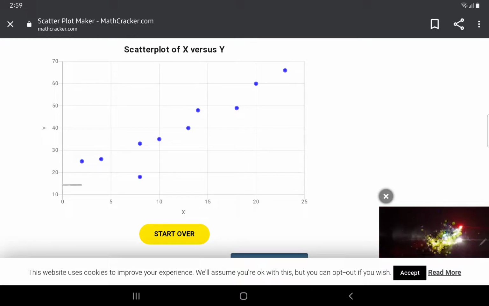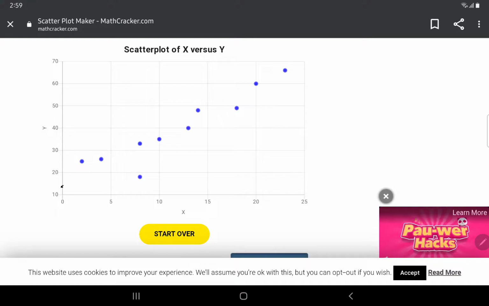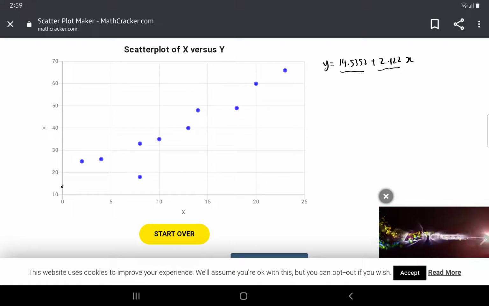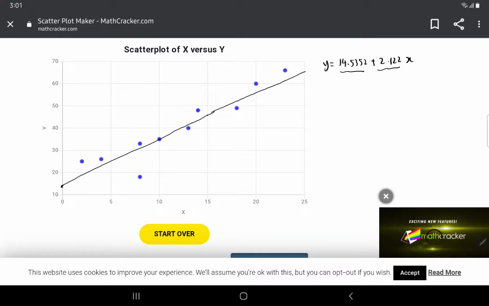Sekejap, tak boleh lukis pula. Okay, dekat sini. And then dia punya tadi y equals a plus bx. Okay, this is our y-intercept. So this is our slope. Okay, so kita punya regression line akan bentuk macam ni lah. Okay, ini adalah equation untuk y equal 14.5352 plus 2.122x.